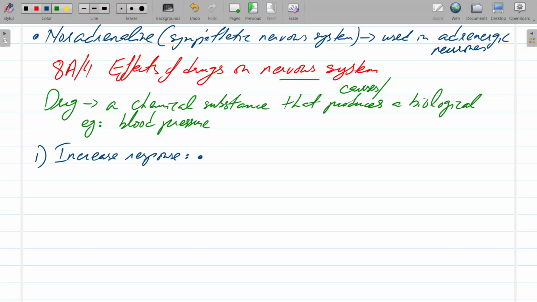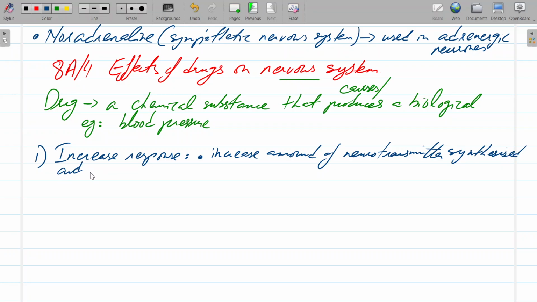What they do is increase the amount of neurotransmitter that is synthesized and released. And those neurotransmitters obviously bind to receptors on the postsynaptic neuron and activate them.